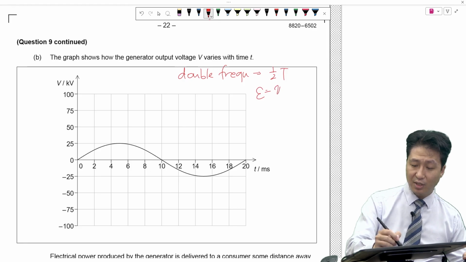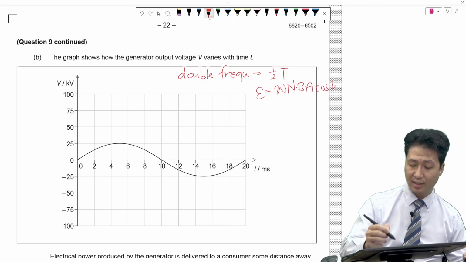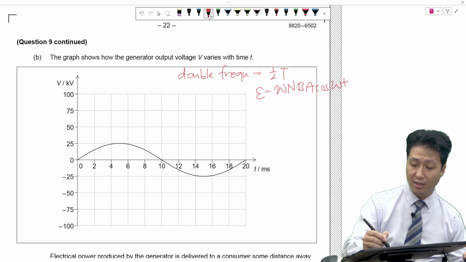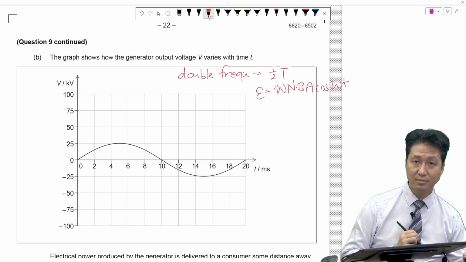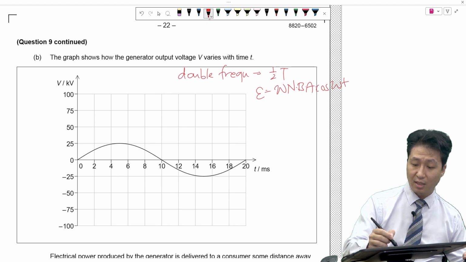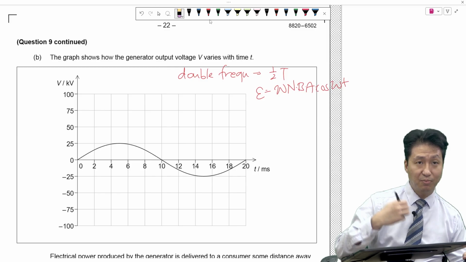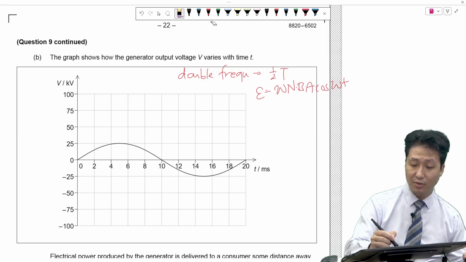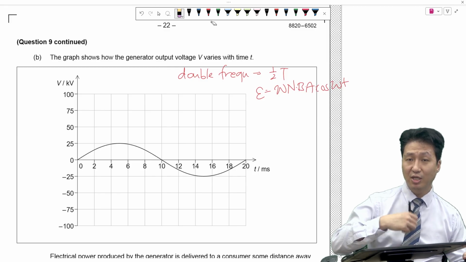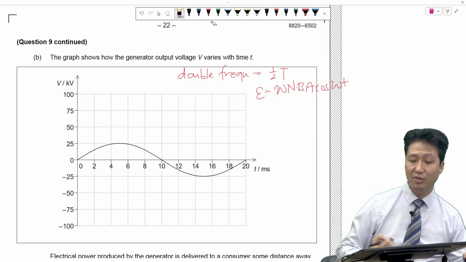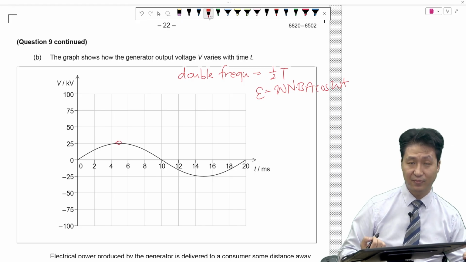The EMF equation would be omega, the angular velocity, times the number of turns, times the magnetic field, times A, the area, times the cosine of omega t. All this means is the peak voltage is proportional to the angular velocity. Doubling the frequency doubles the angular velocity, so it also doubles the maximum EMF.